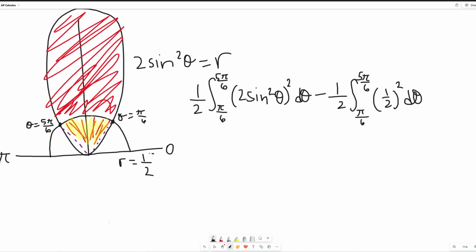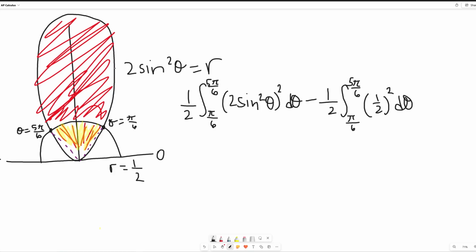Because remember, r equals 1/2 is technically a polar equation. It just means that the radius is always at 1/2. So it's essentially a circle with radius of 1/2. So this is an r, just like this is an r.